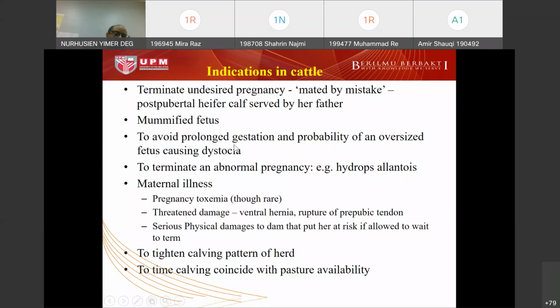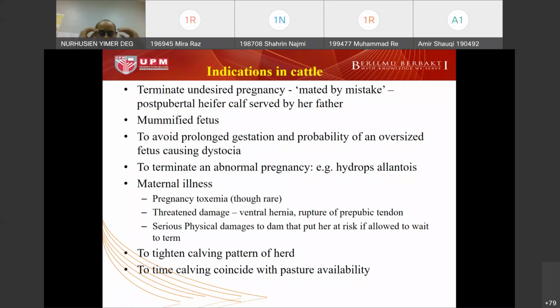And we know that when a gestation period is prolonged with an active, normal, viable fetus inside the uterus, then definitely the consequence is going to be an oversized fetus leading to dystocia. So that is something we don't want to happen. To avoid this dystocia, you have to induce parturition.